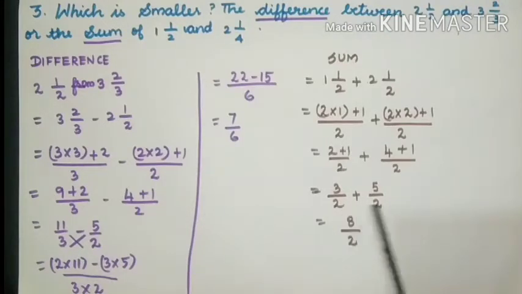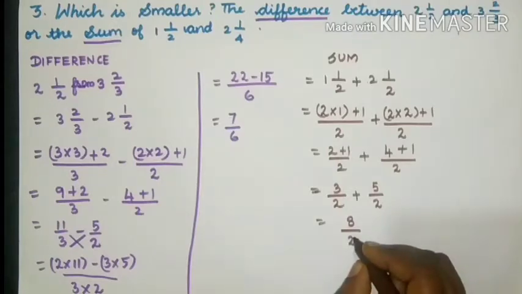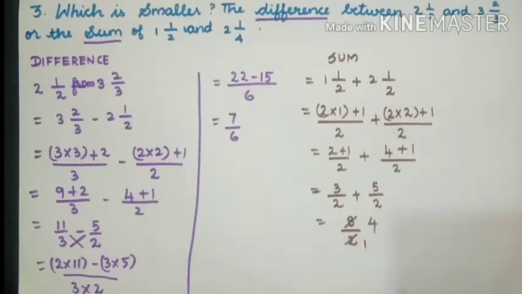Here the denominators are same, so no need to find the common denominator. Directly you add the numerators 3 and 5. 3 plus 5 is equal to 8. Cancel with 2 table. 2 1s are 2, 2 4s are 8. 8 by 2, we get the answer as 4.